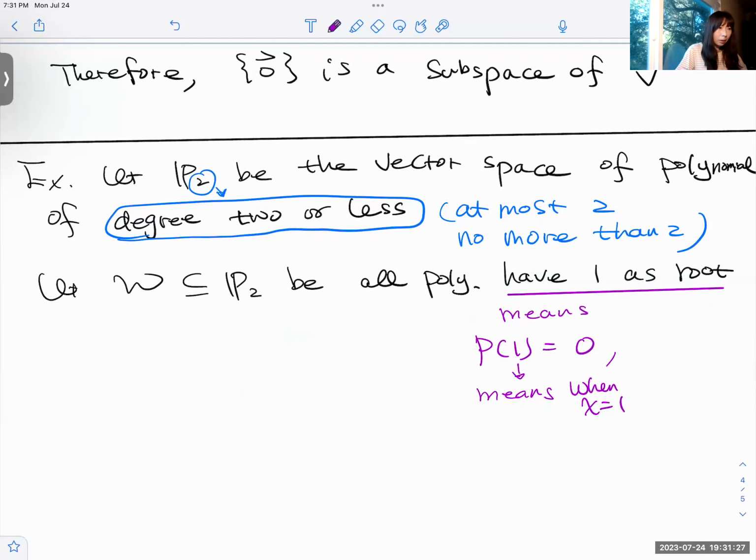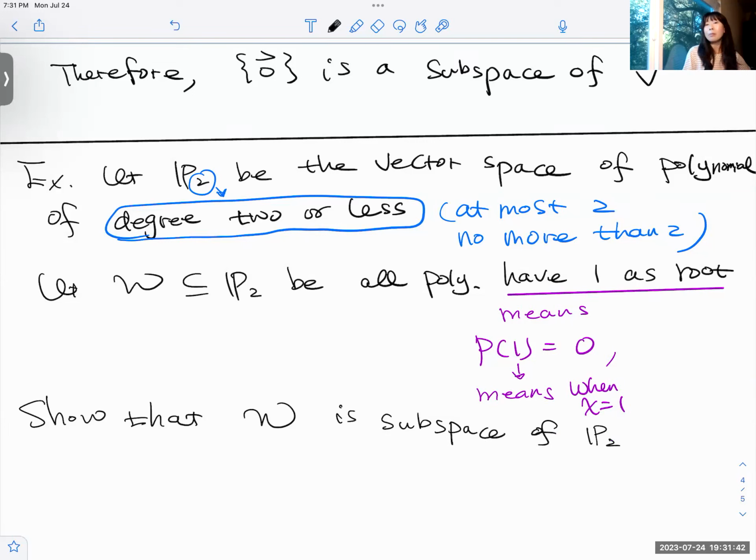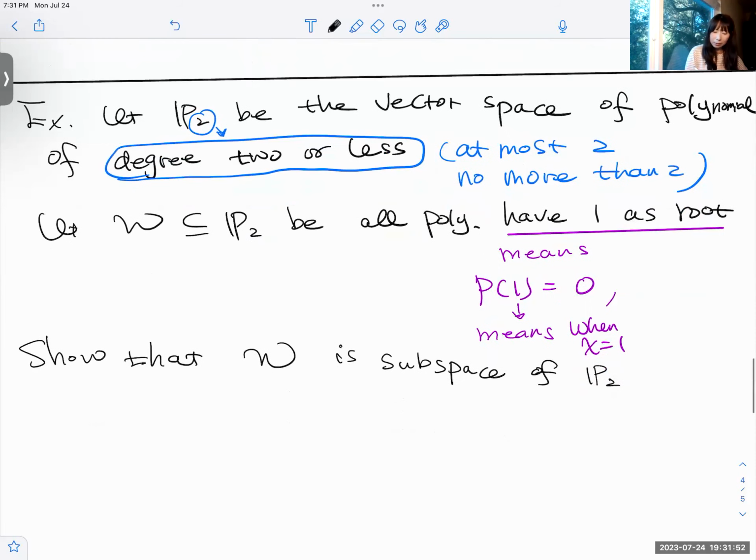All right, so W, okay, show that W is a subspace of polynomials of at most degree 2. We had this one before, right? So polynomials of at most degree 2 have the form: the set of polynomials p of x equal to ax squared plus bx plus c, right?